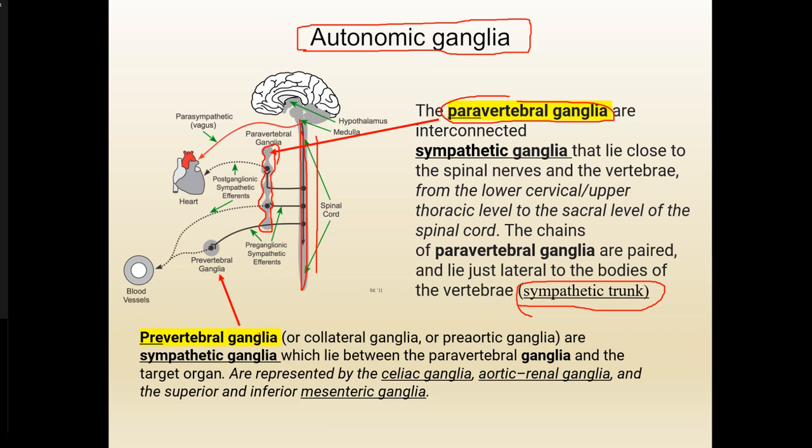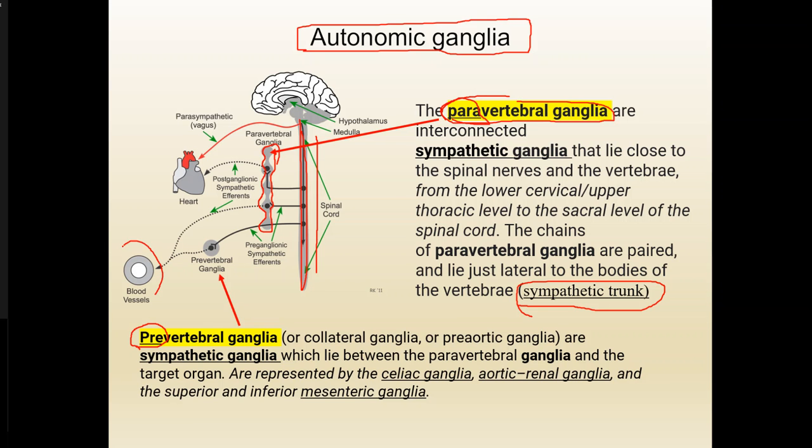The other ganglia, so these were the paravertebral. The other ones that we're going to recognize are the prevertebral ganglia. Don't get confused between para and pre. These are also known as collateral ganglia, or for instance pre-aortic ganglia. Again, they're sympathetic ganglia, but they lie between the paravertebral ganglia and the target organ.